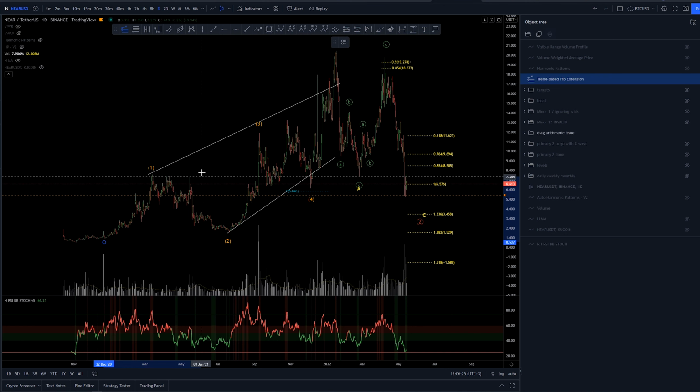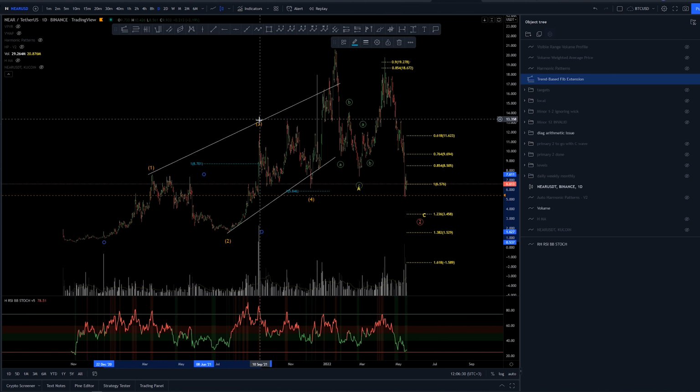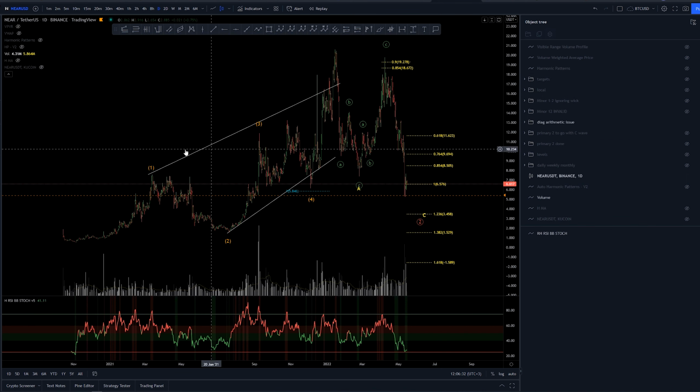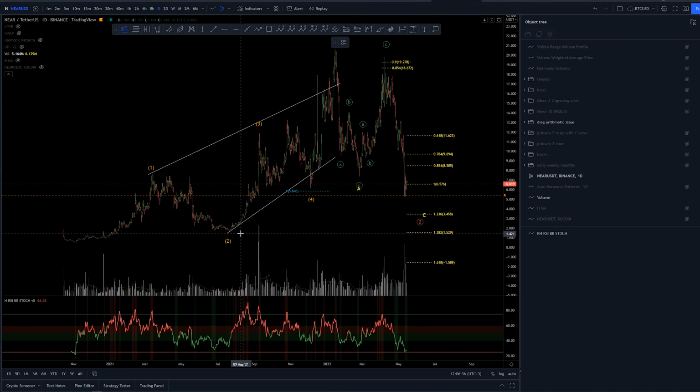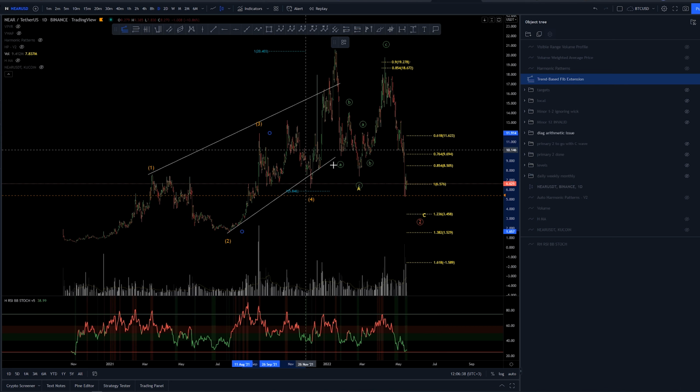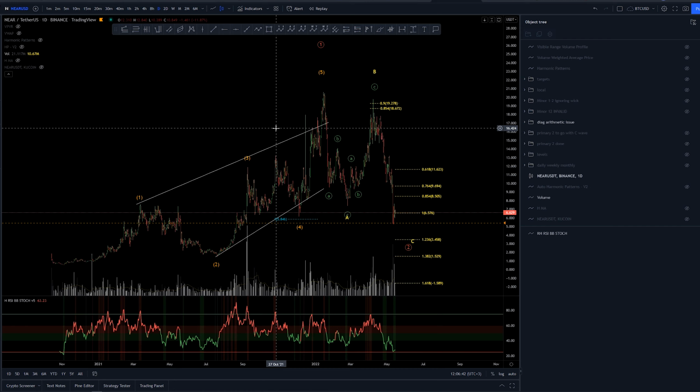We can measure this first leg here and compare it to the third, and we see that the third is actually larger than wave 1, meaning that this should be an expanding diagonal. Now in expanding diagonals, wave 5 should be larger than wave 3, and indeed it is.